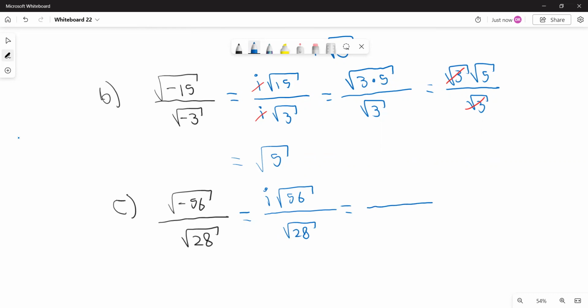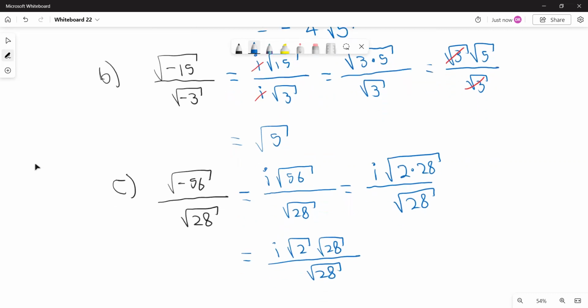2 times 28 is 56, so this is i times the square root of 2 times 28 over the square root of 28. So let's separate the roots. Now everything is positive, so we can separate the roots.